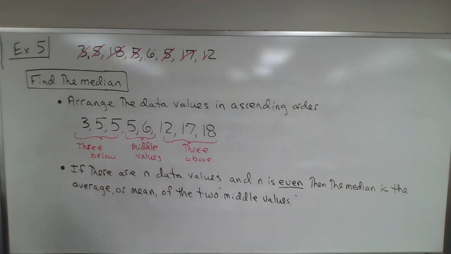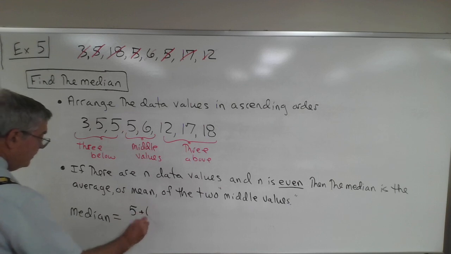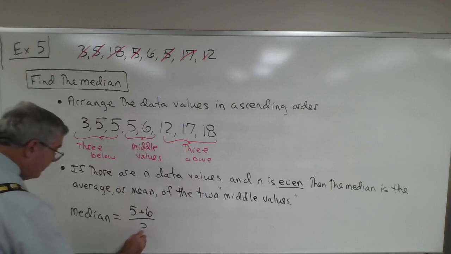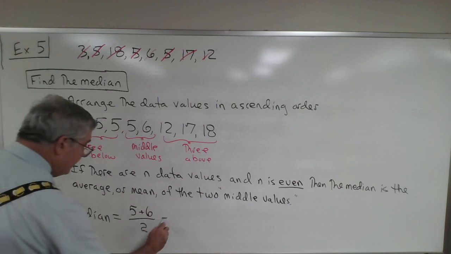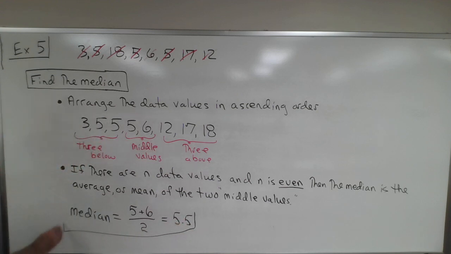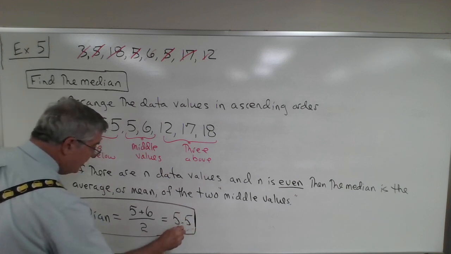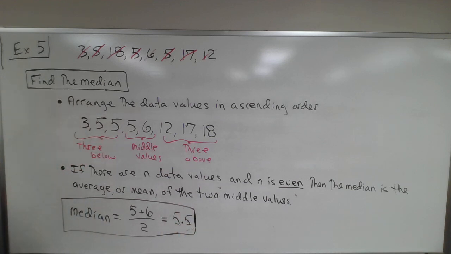And it says the median is the average or mean of these values. So we compute the average. We add them together and divide by 2. And our median is 5.5. Fantastic.